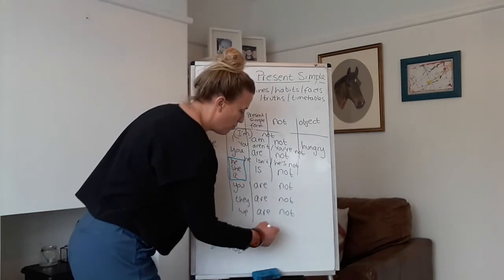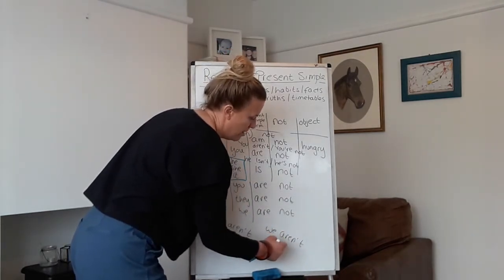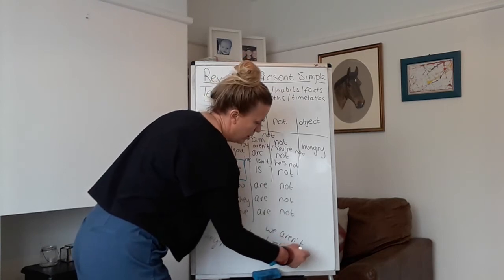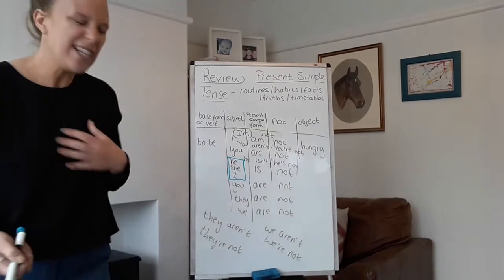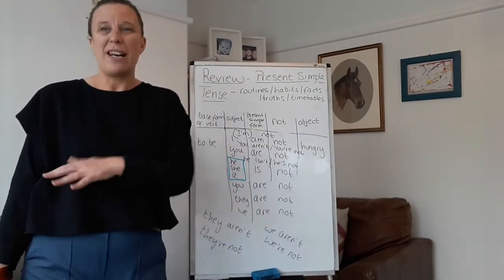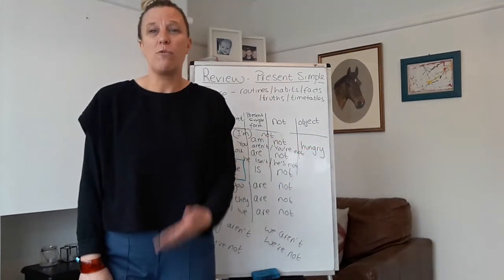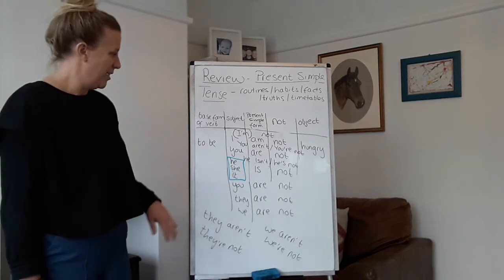We are not, we aren't hungry, or we're not hungry. And you can choose which you say. I tend to use this one, they're not, we're not, I'm not. But whichever you prefer, whichever you're more comfortable with, you can use. They're both correct.